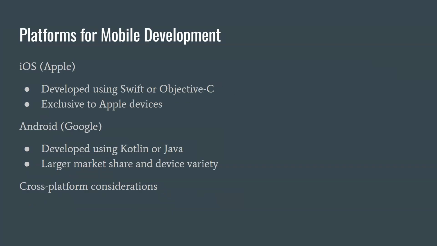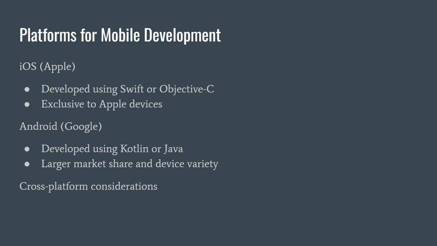Platforms for mobile development. In mobile development, two major players currently dominate the market. iOS is developed by Apple and Android is from Google. Each platform has its unique development environment. iOS apps are typically built using Swift or Objective-C in Xcode.